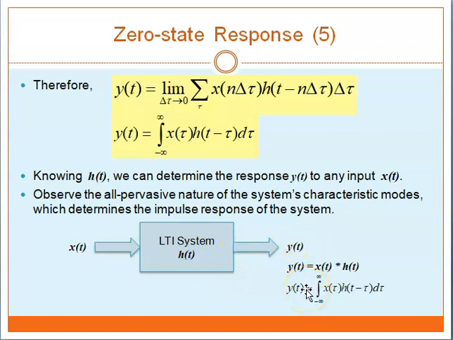So y(t) is equal to the integration from minus infinity to infinity of x(tau), the input signal, times the impulse response h(t minus tau), because it is occurring at time when time is equal to tau, delta tau.